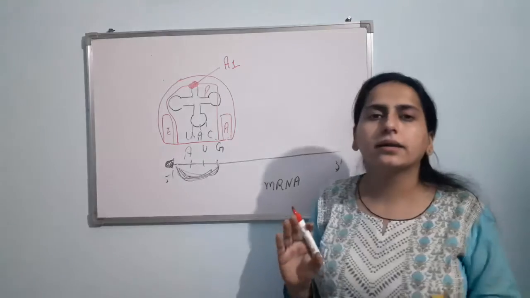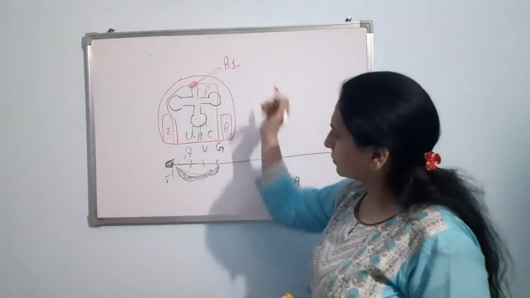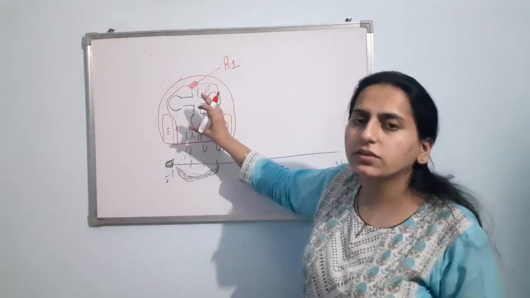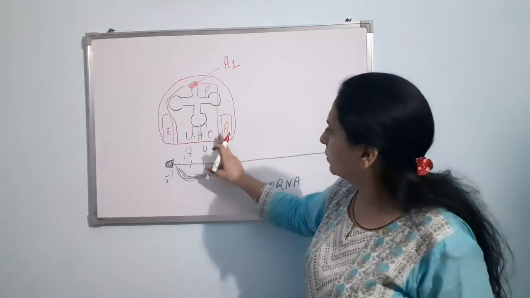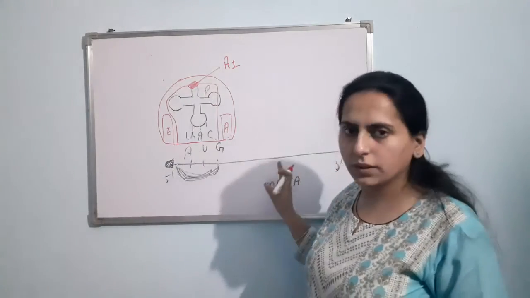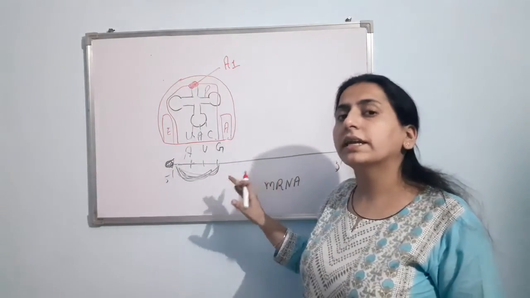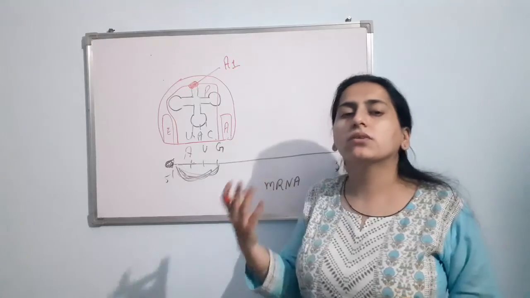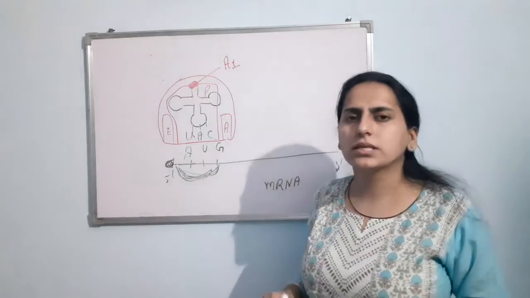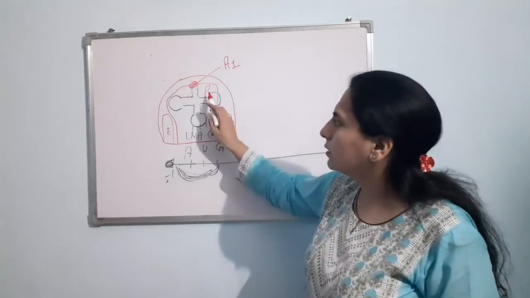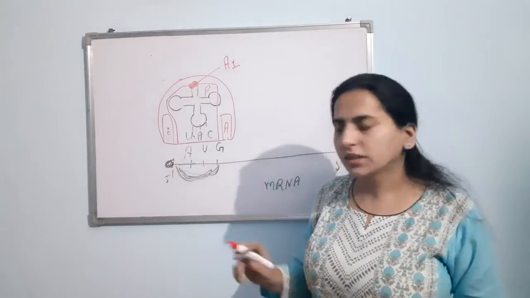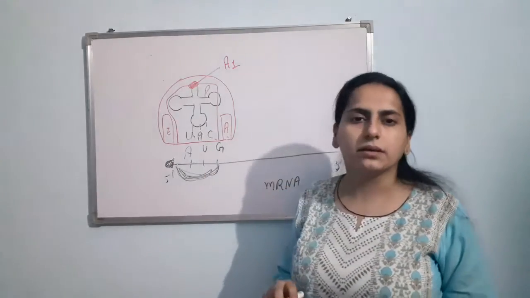Just understand it carefully. Now this larger subunit will jump. But before that, there is one step. You can see that the P portion is being occupied by the charged tRNA, but this A portion is empty, right?